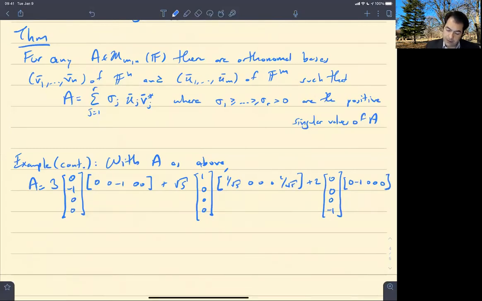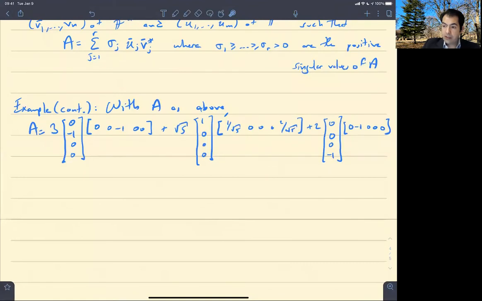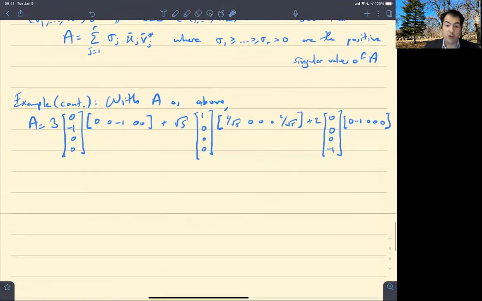Right, and you can read this off from the singular value decomposition that we wrote above. Okay, so as I said, this is really useful when you want to approximate with something of smaller rank.